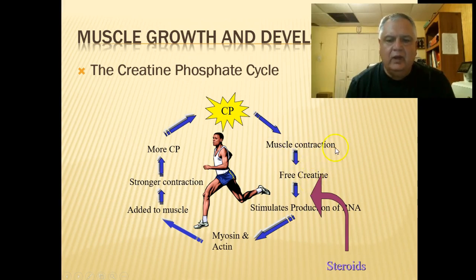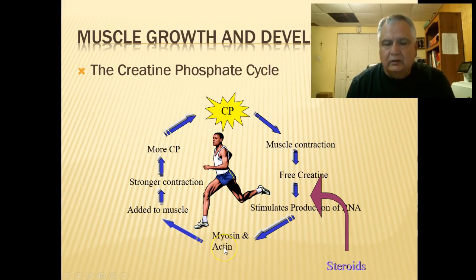So now, instead of just a little bit of free creatine being created when the muscle undergoes contraction, you get a lot of free creatine accumulated in the muscle. Will this stimulate even more messenger RNA production and therefore more myosin and actin?